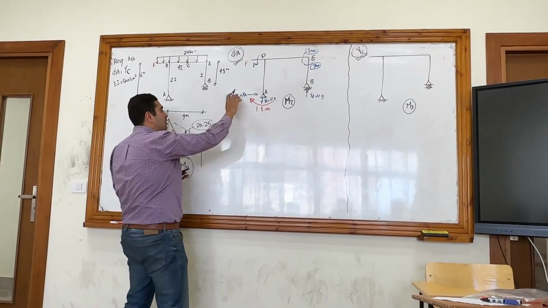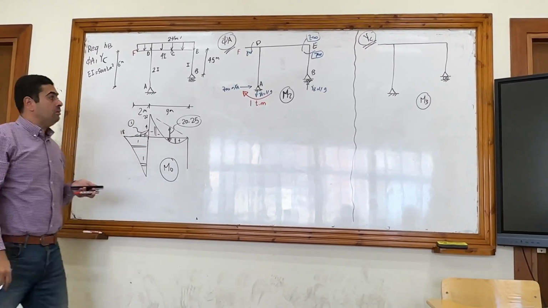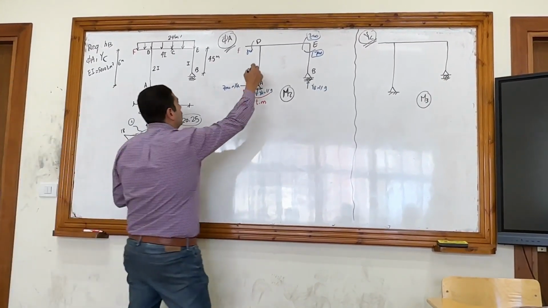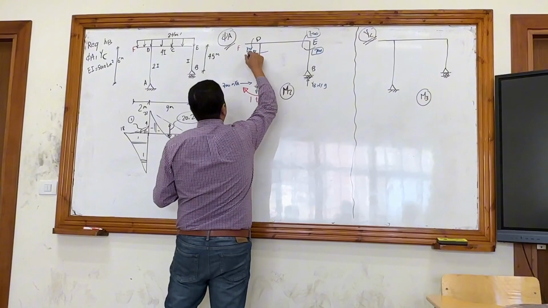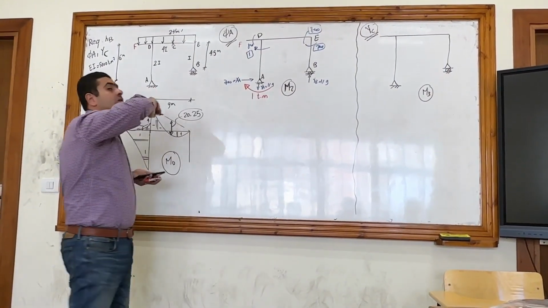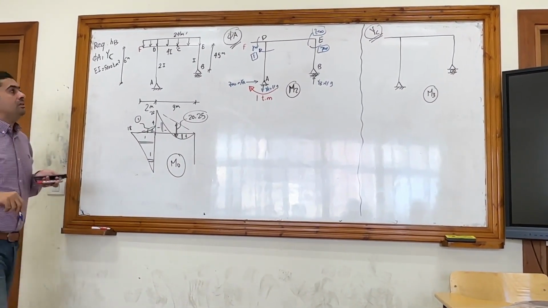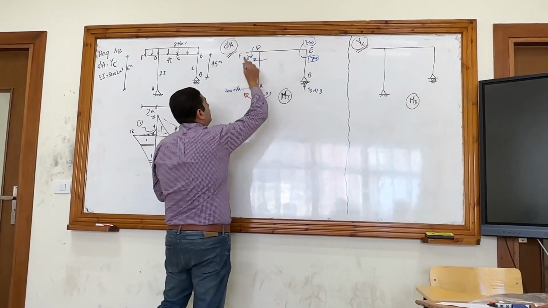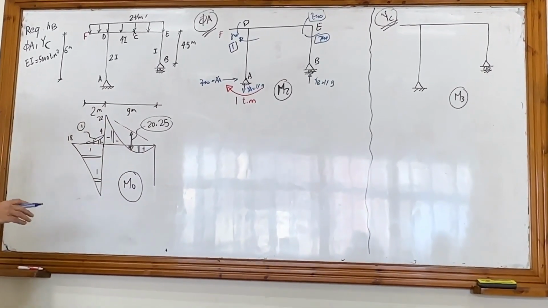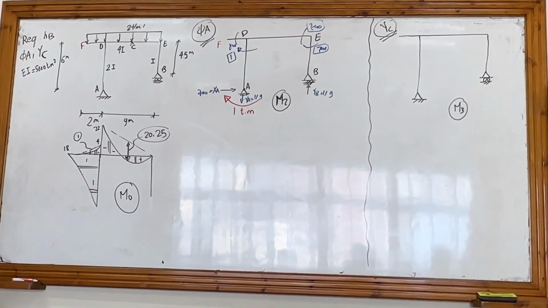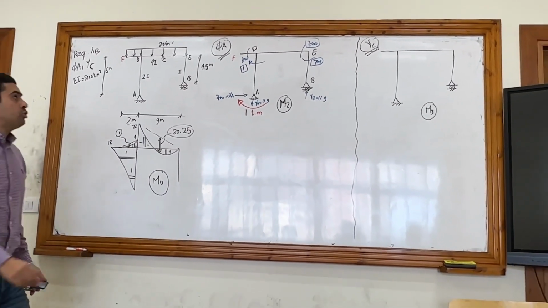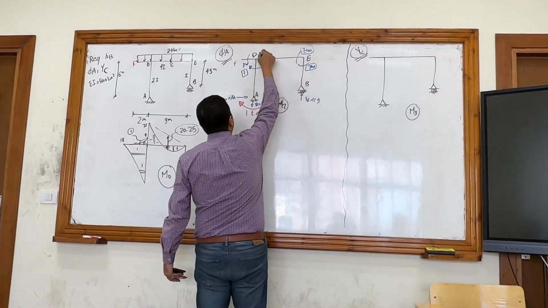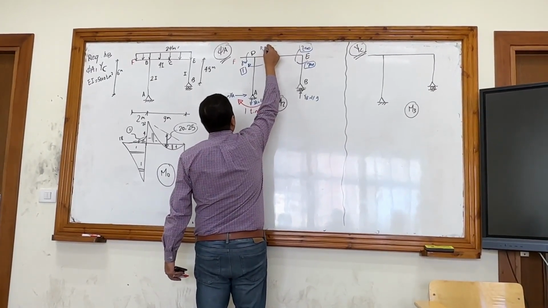No horizontal reaction, but there is a moment 1 ton-meter. So the moment here will remain 1. So what will be the moment at D from the third part DEB? It has to be equal to 1 in the opposite direction.